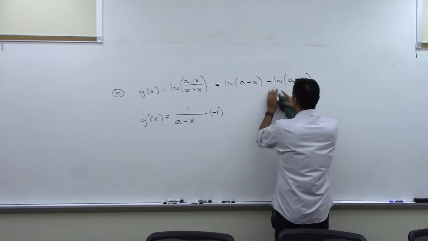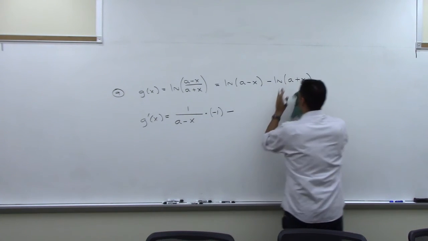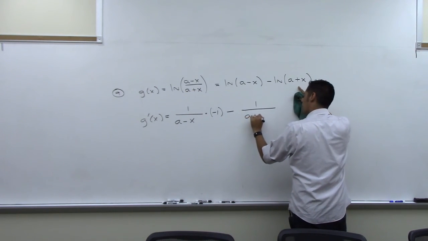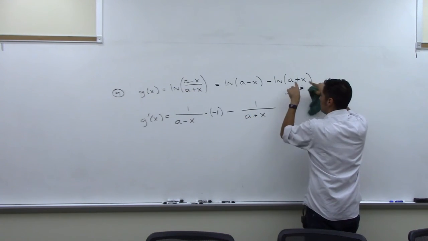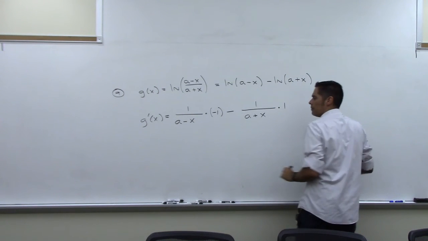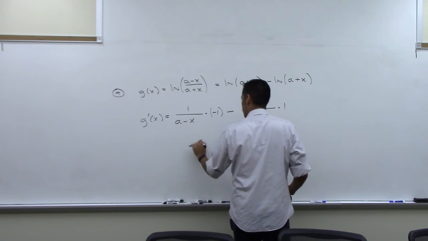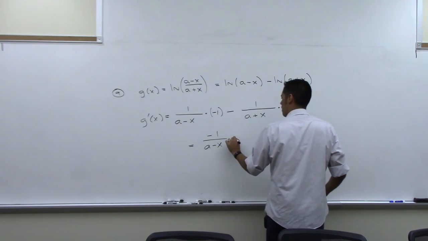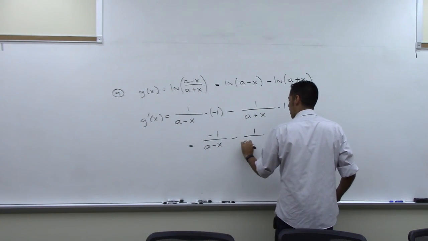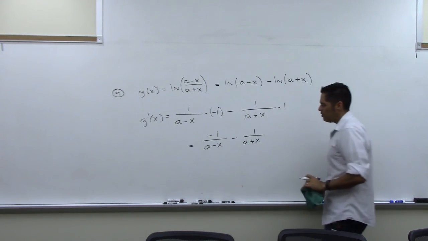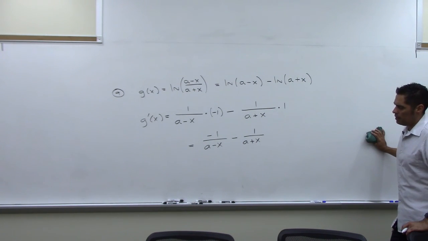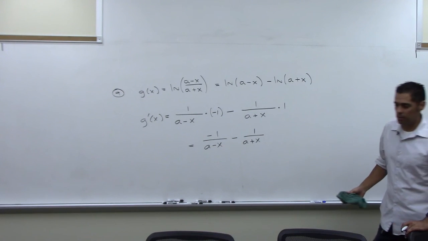Then I have, let's see, minus, now I do derivative of this one, which is again, 1 over what's in here, times derivative of what's inside, which is just 1. So I get, let's see, this is negative 1 over a minus x minus 1 over a plus x. And I'm wondering if they get a common denominator and put these together as the answer in the book. I don't know. I'm going to leave it like that because I'm under a time crunch here.